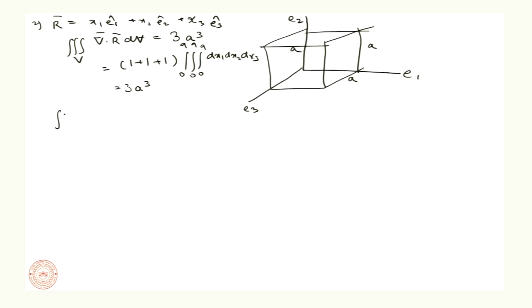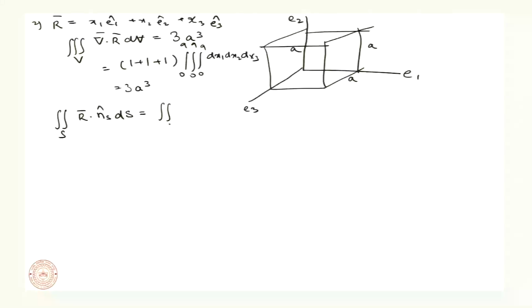If we do the same but along the surface, so surface bound for this r vector dot with the surface normal dS. So we will have 6 planes for a cube. Front and back, top and bottom, and left and right.